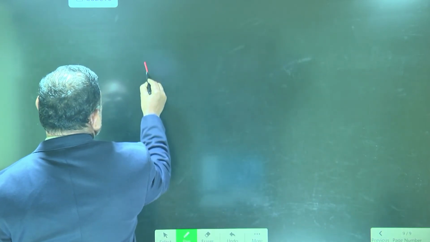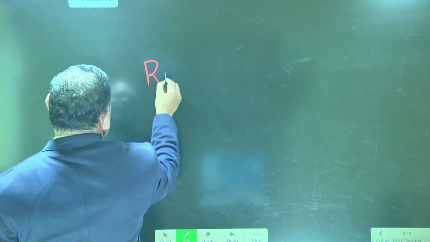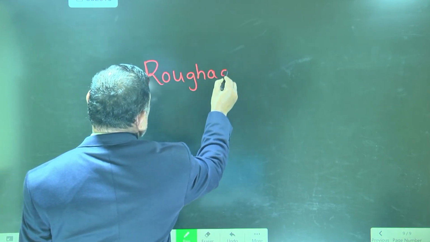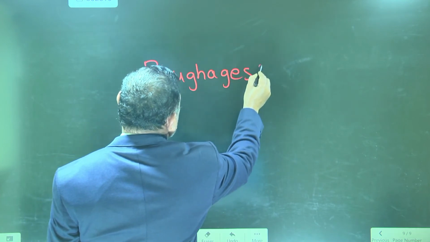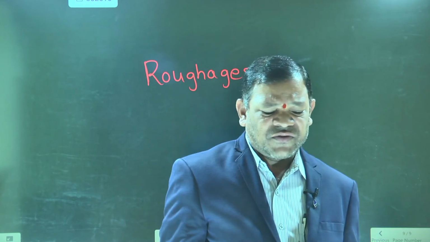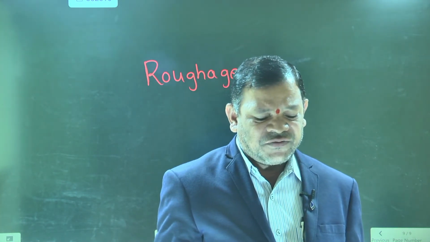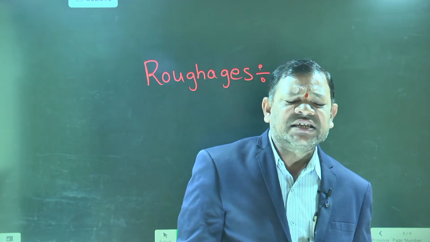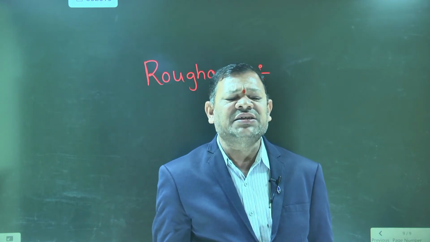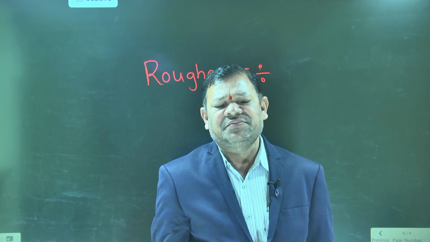Next one is roughages. What is that? Roughages are also known as dietary fibers. What are they called? Dietary fibers. These dietary fibers especially help digestion very easily.